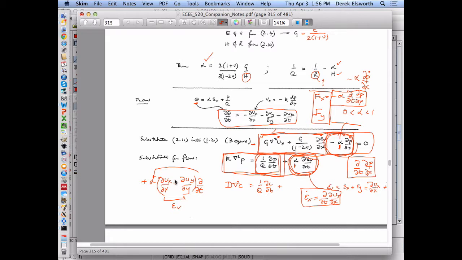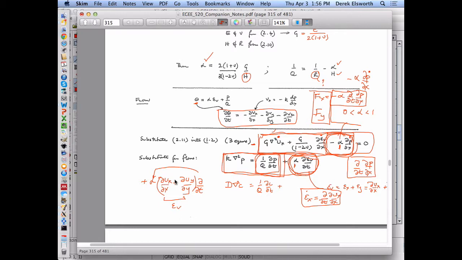Alpha times the rate of change with respect to time of displacements in the x direction plus displacements in the y direction. This is, by definition, the only components of volume strain, because epsilon z into the page is equal to 0.